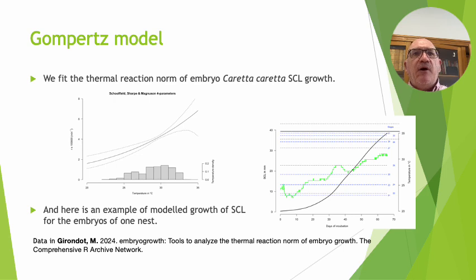At right, you have an example of growth of embryo within one nest. In green, you have the temperature recorded in this nest. The straight black line at the top is the expected hatchling size, and the dotted horizontal blue lines are the different stages which are located based on the size of embryo.